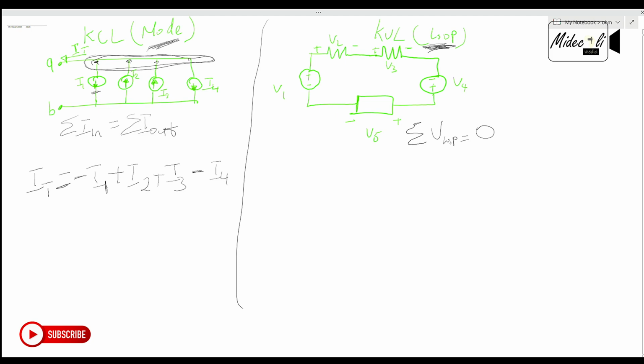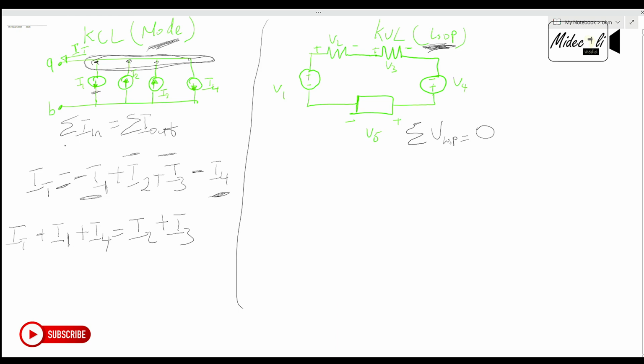So to make things easy for you, we know these guys are leaving, and these guys are entering. We could also continue with this equation by saying IT, bringing this over to the other side, plus I1 plus I4 is equal to I2 plus I3.